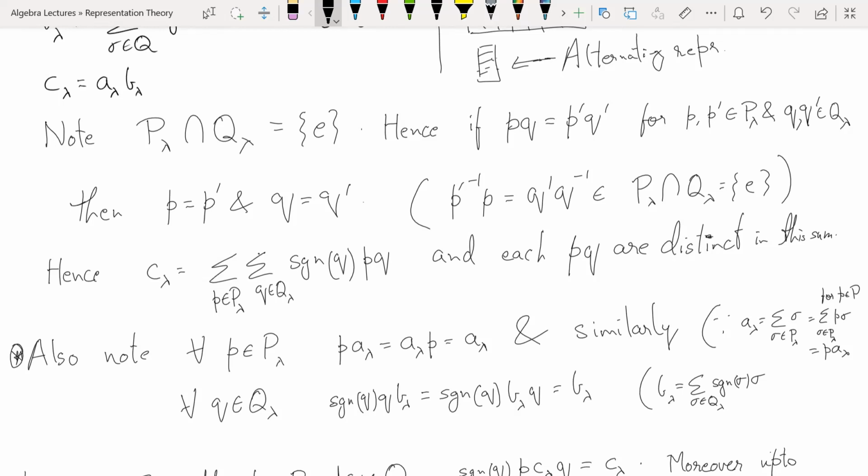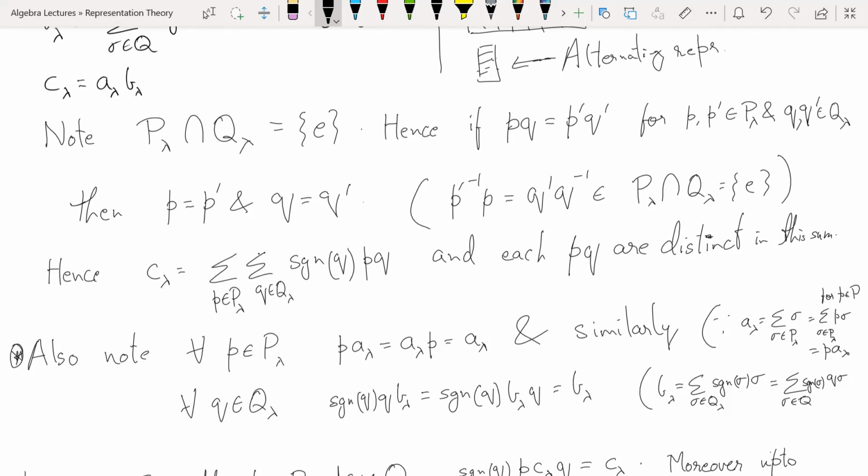So if you multiply by q, each of them becomes q sigma with sign sigma, and this equality will hold only if q is an even permutation, since then the sign of sigma and the sign of q sigma are the same.